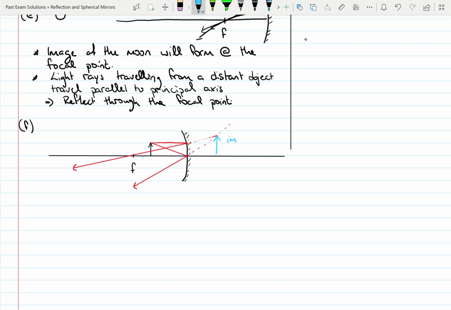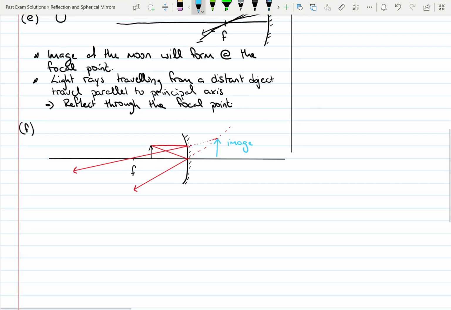So I'm going to call that our image. Very important, guys. If it's an upright image in a concave mirror, it's going to form behind the mirror, which means that it is a virtual image. Okay, so I hope that makes sense to everyone so far.